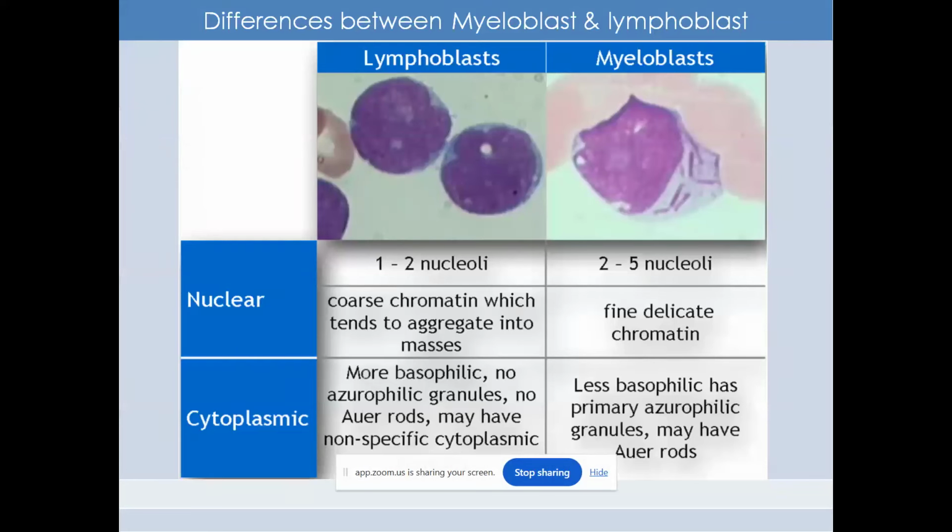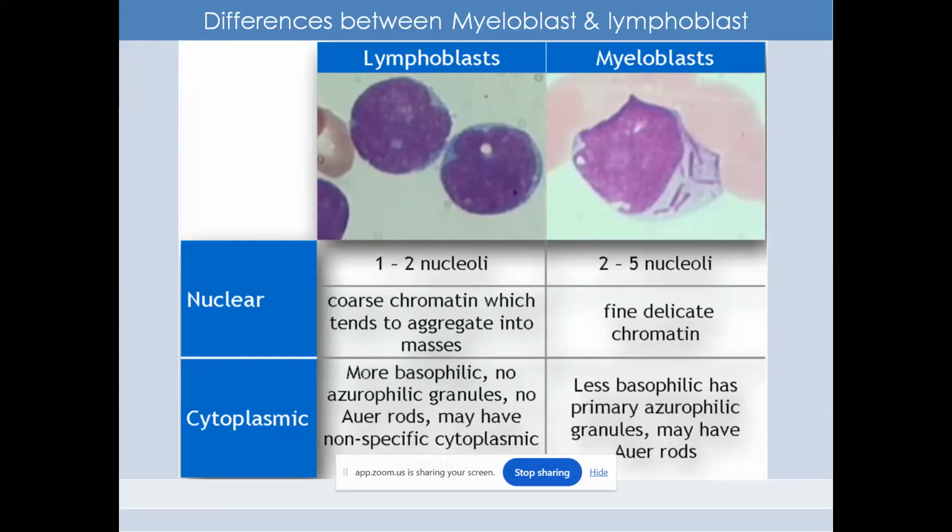So we have to see the difference between the lymphoblast and myeloblast. The first picture is the lymphoid cell, the lymphoblast. The next one is the myeloblast. We can see a minimal amount of cytoplasm with darker chromatin, and the nucleoli are not that conspicuous.